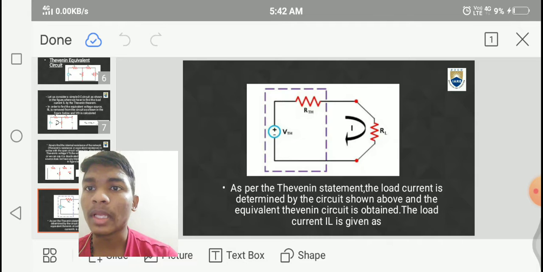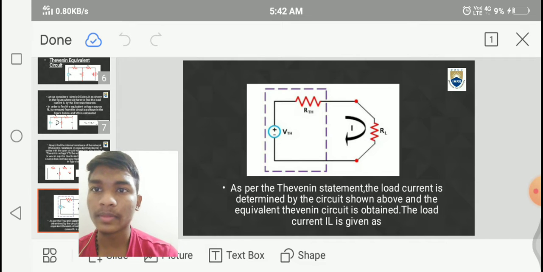After that, as per the Thevenin statement, the load current is determined by the circuit shown above, and the equivalent Thevenin circuit is obtained.